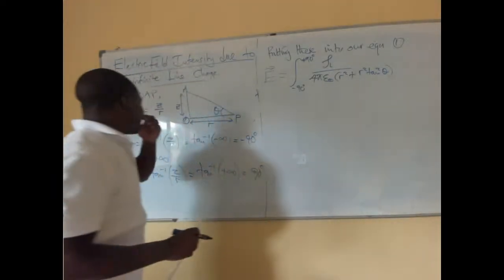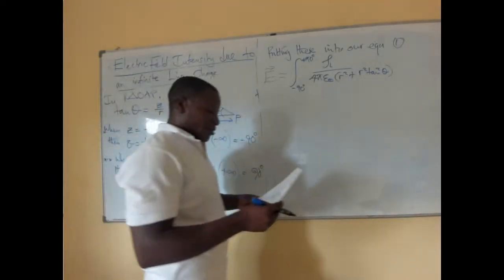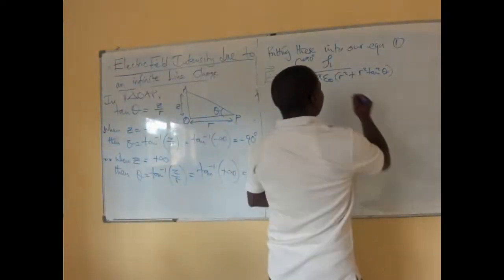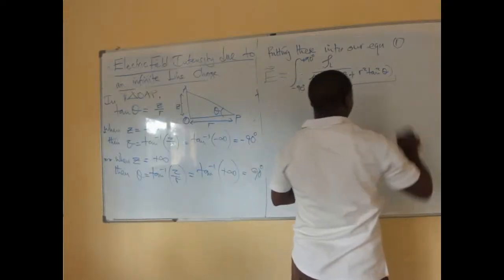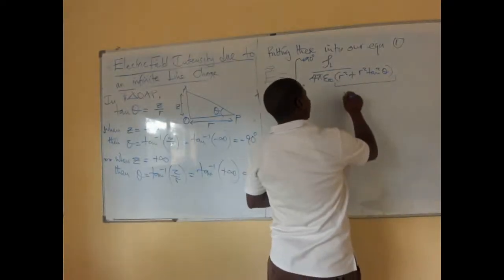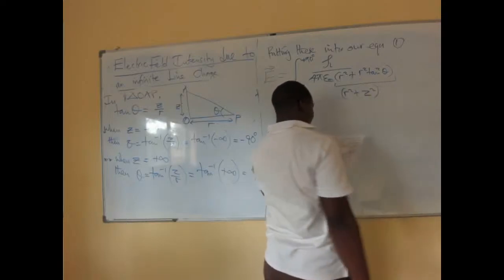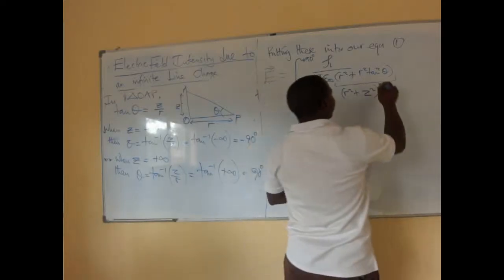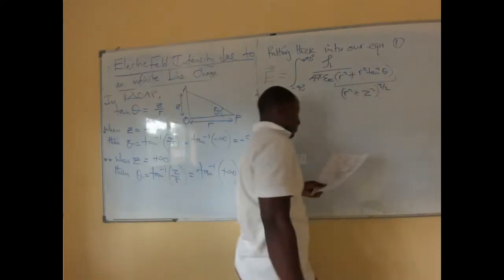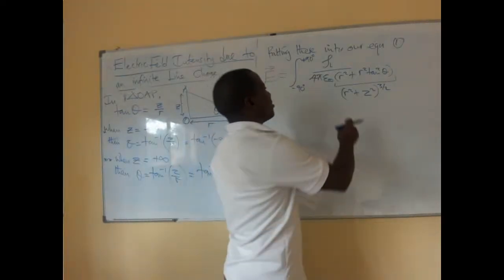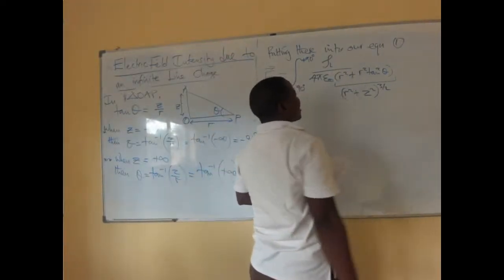So what we have done is that from our equation, remember very well, this component from our equation 1, it was written as r squared plus z squared, all this raised to the power 3 over 2. Now, we know this r is the same as that.